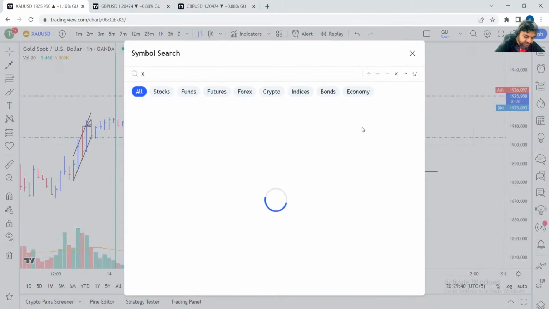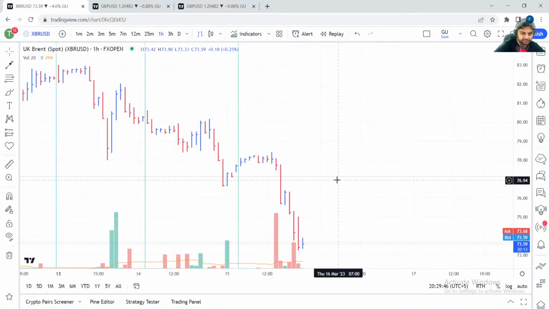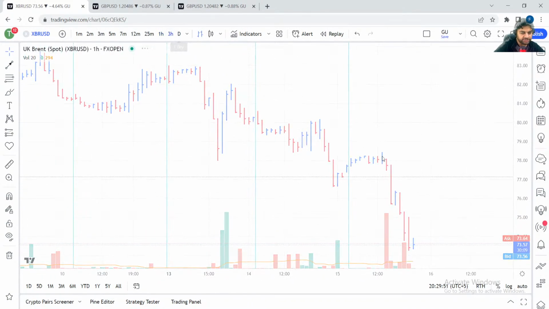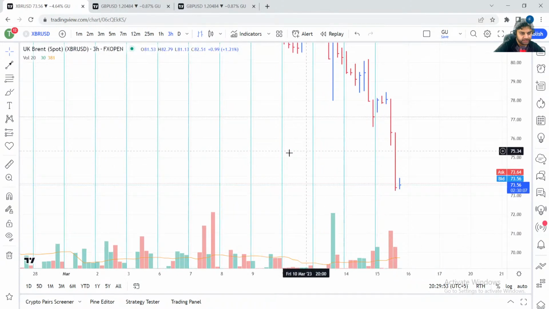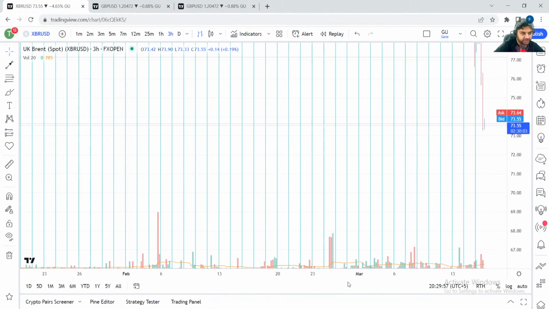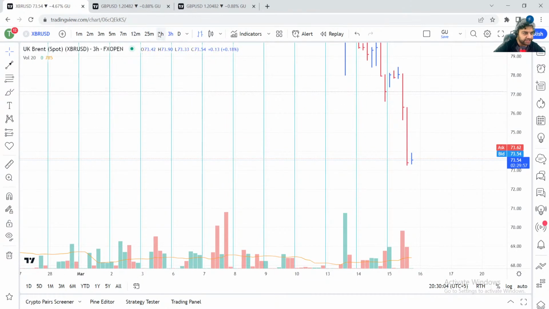XBR USD. So this is XBR USD, UK Brent oil. I think the market is in a downtrend and maybe I will look for support over here. I don't see any support. I think the market seems to be in a huge downtrend, but unfortunately there is no trade yet.